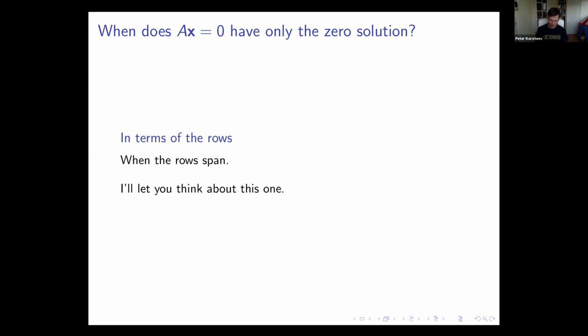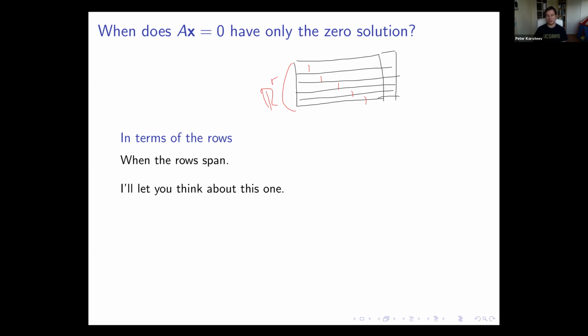Say we have a rectangular matrix, right? If you reduce it to the echelon form, every row will have a pivot, right? And then they will span the entire space.